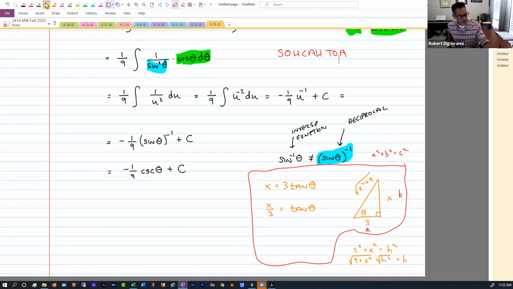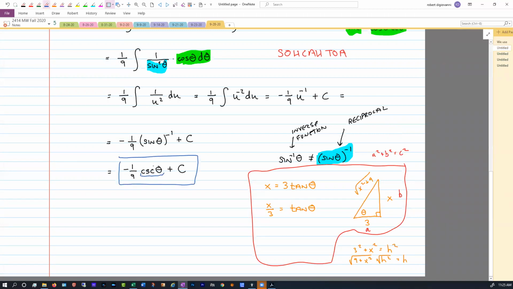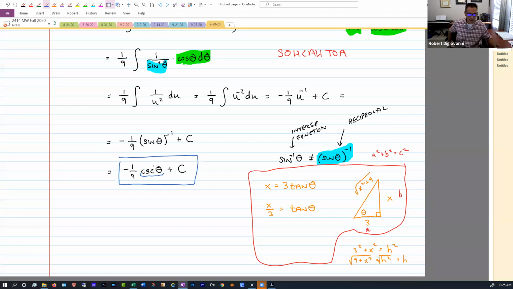But German, do you see that our answer had cosecant theta in it? Yes, sir, I do. And now that we have the triangle and we know that cosecant is the reciprocal of sine, all you have to tell me is, look at that triangle and tell me what cosecant theta would be.